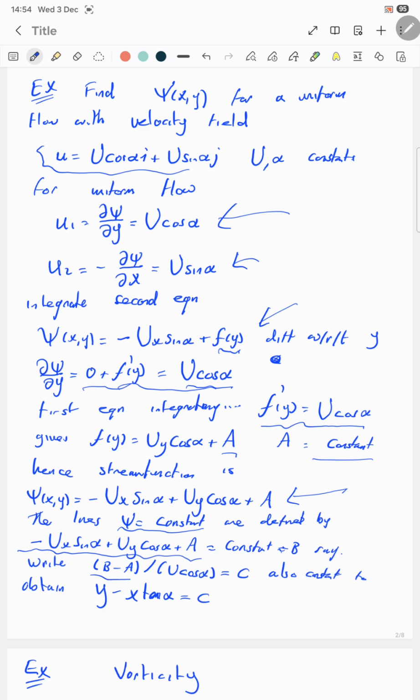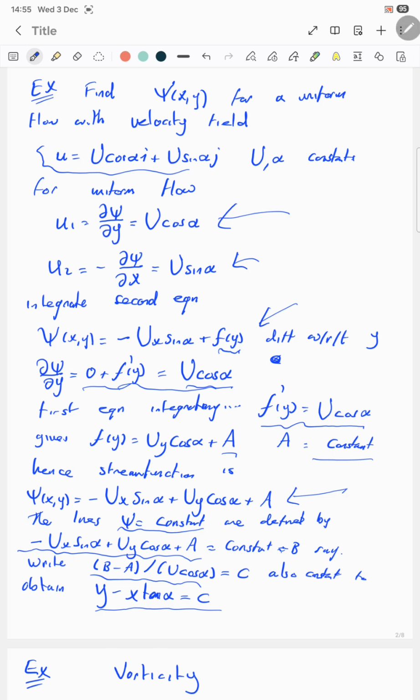Now we write b minus A over U cosine alpha equals c, and also y minus x tan alpha equals c, which we will obtain this.